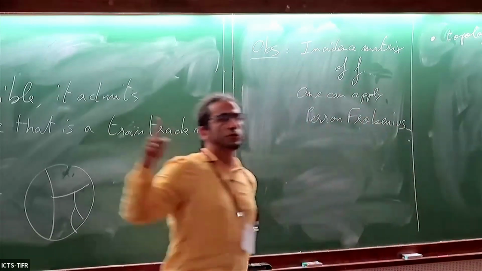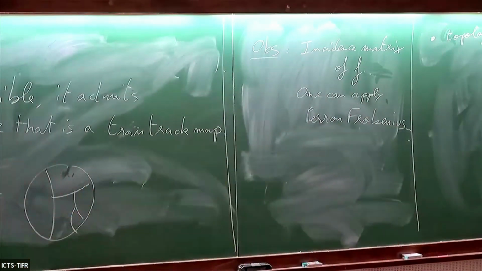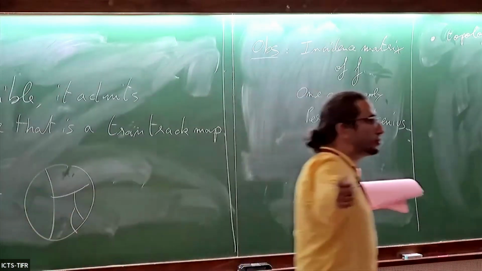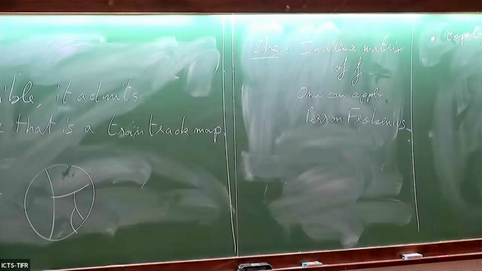What does Perron-Frobenius tell? The spectral radius, the maximum of the moduli of eigenvalues, is realized once by a positive eigenvalue, and its eigenvector can be chosen to be positive.